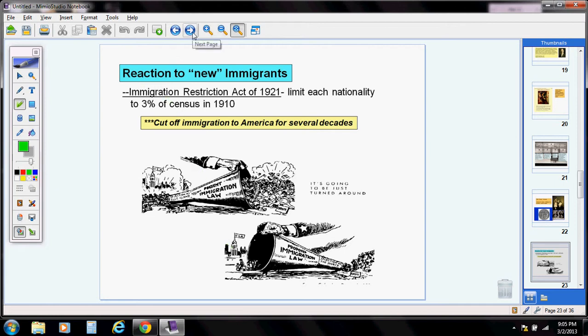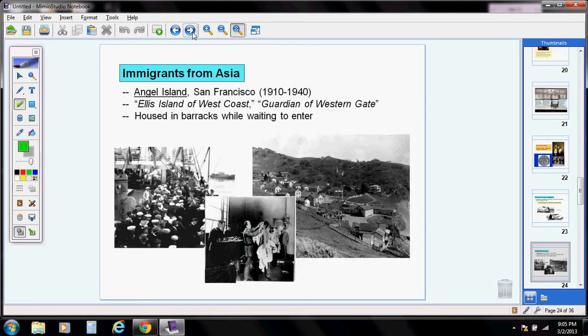So the anti-immigration feeling kind of did play up in the laws that were passed at the turn of the 20th century. Similar to Ellis Island, there was an Angel Island as a processing center for immigrants coming from Asia, like China and Japan.